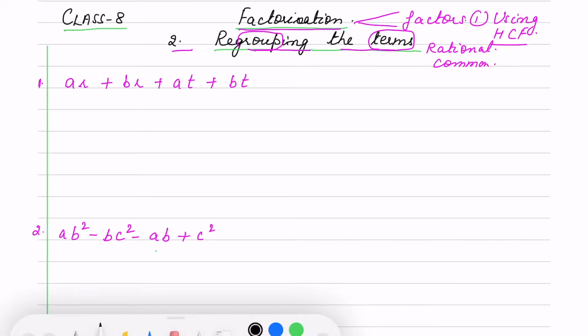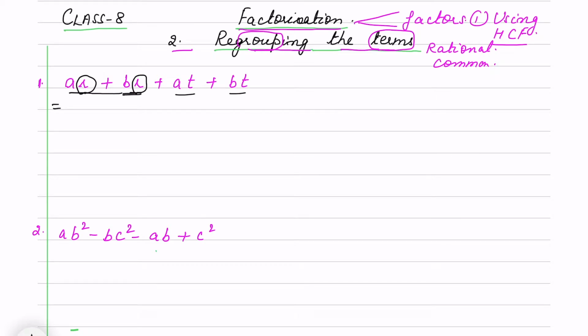So how will you make the groups? Suppose here AR, BR, AT and BT are there. Out of the four we are making groups of two. You have to see whether any literal is common or not. Suppose I am taking AR and BR. What is common? You see R is common, so I can take it outside.